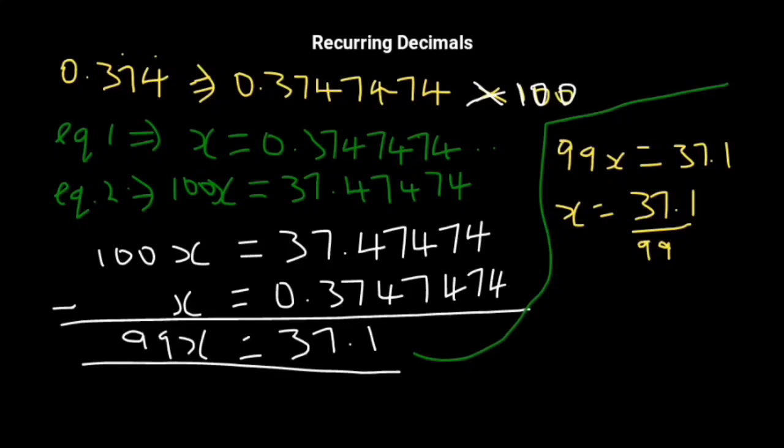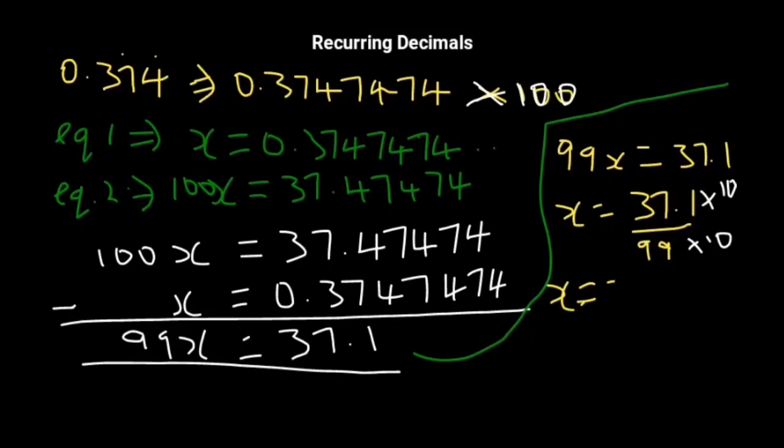We're going to multiply the numerator by 10, and once we multiply our numerator by 10, we need to multiply our denominator by 10 as well. So let's make a note of that: we need to multiply numerator by 10 and denominator by 10.